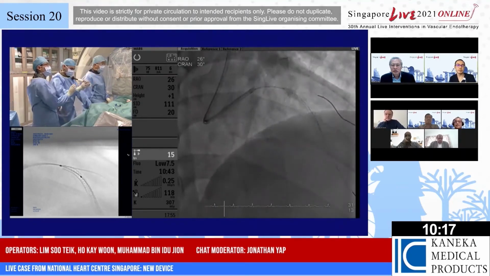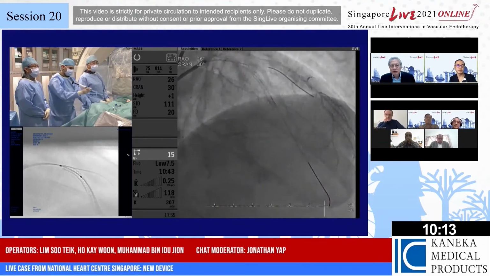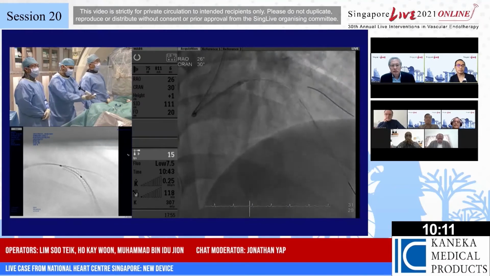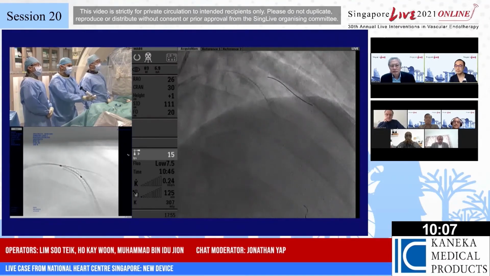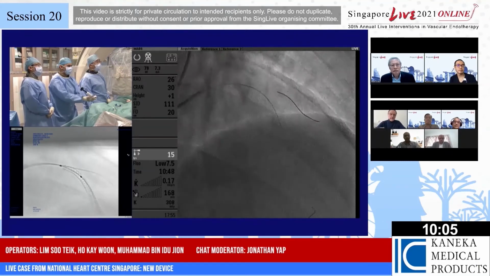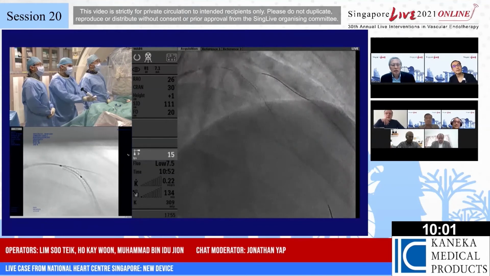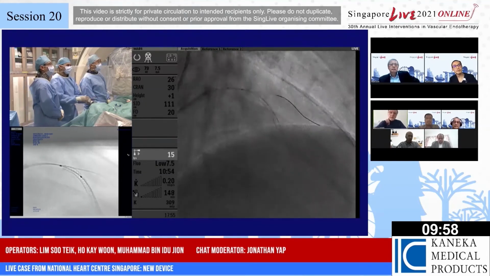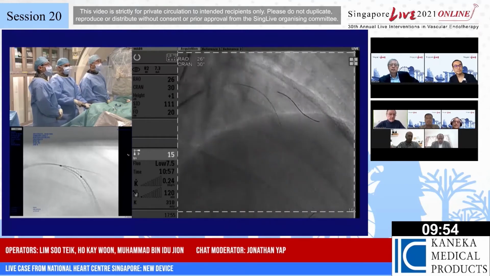Angiographically, you mean the OCT evaluation is probably a good consideration now. Do you want to do a proximal optimization first? You can do that before the OCT. I think with angiography, you cannot evaluate apposition.